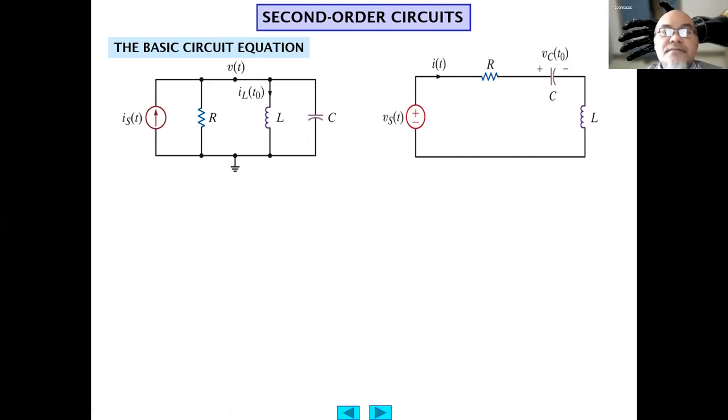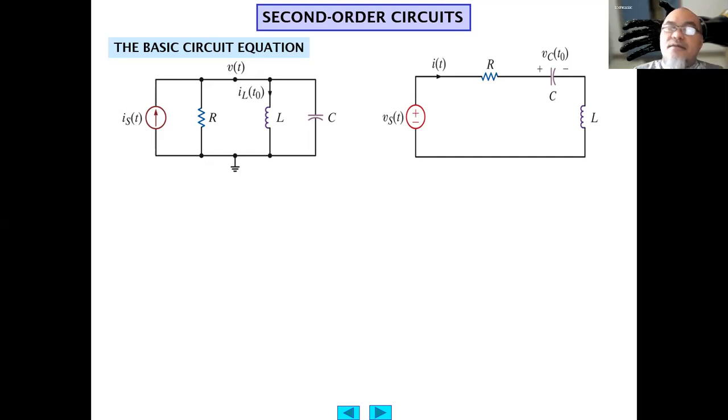On the left side, we have a current source connected in parallel with a resistor, inductance, and capacitance. So all these four components, the current source, resistance, inductance, and capacitance, have the same voltage.